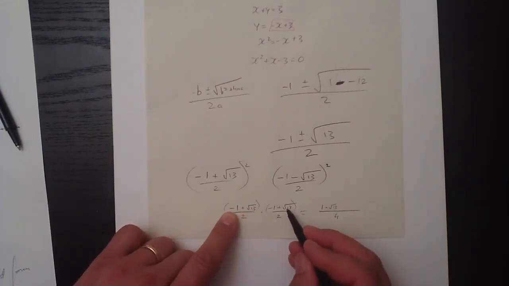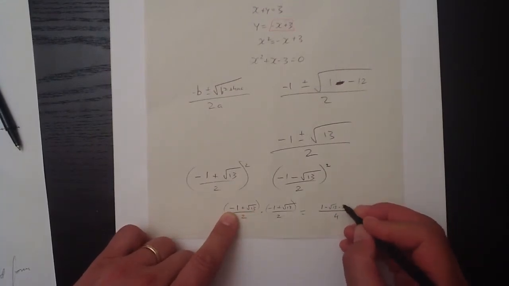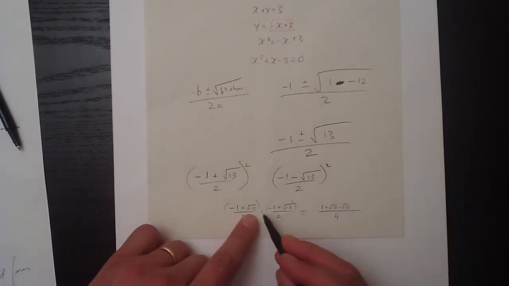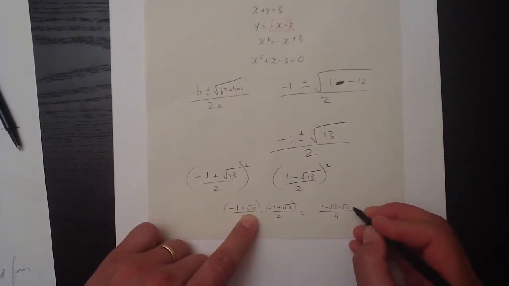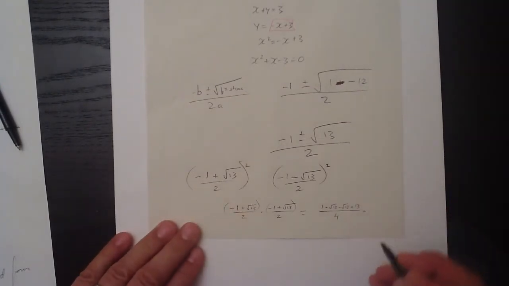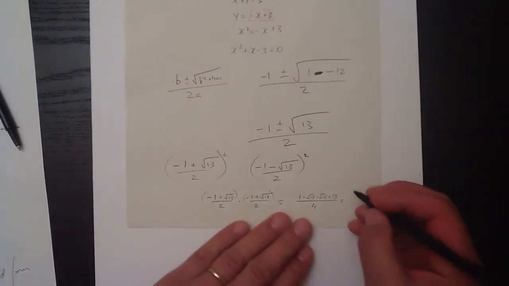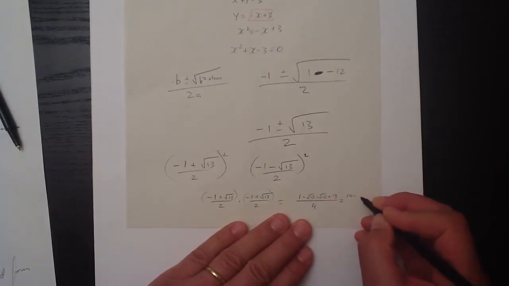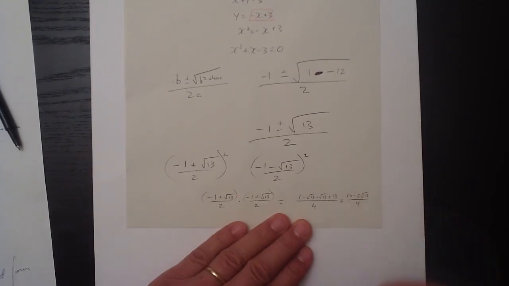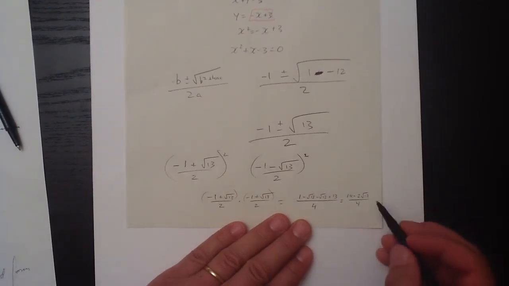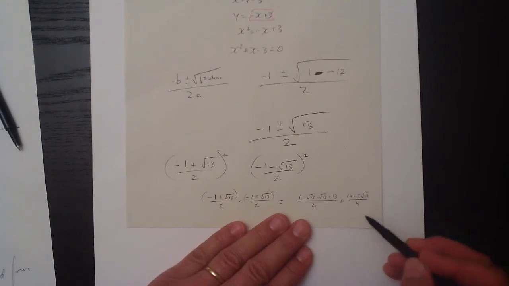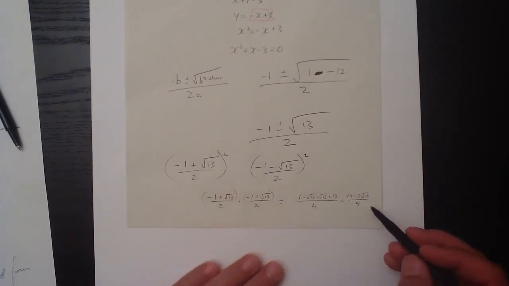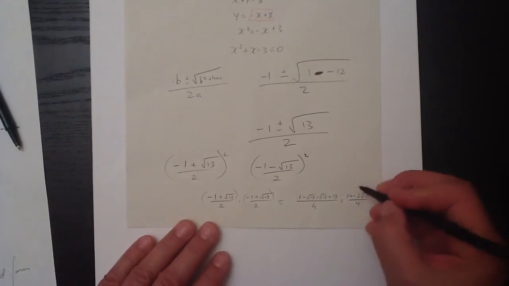Minus 1 times root 13 is minus root 13. And root 13 times root 13 equals 13. So that then can be simplified again. That is 14 minus 2 root 13 over 4. You can cancel a 2 out of here, but that's about as simple as it gets. So that's one of your solutions for y.